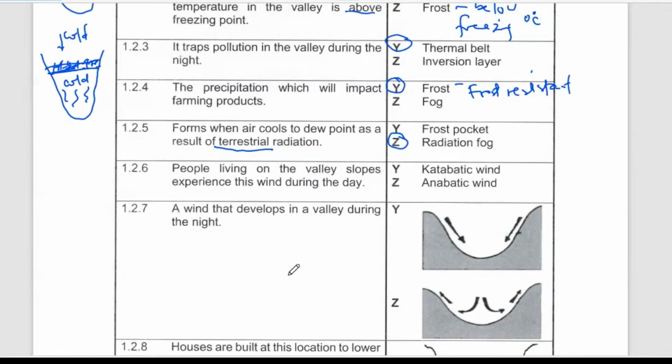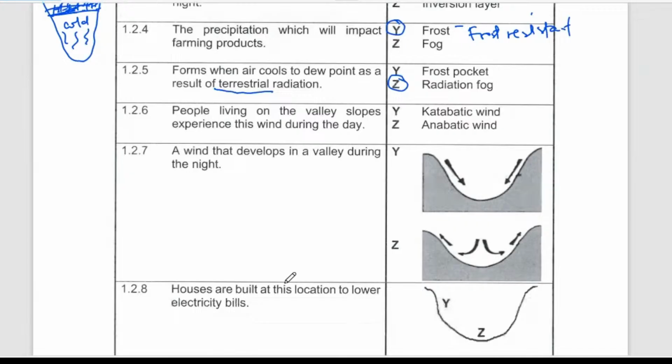Moving on, number 126, people living on the valley slopes experience this wind during the day. Right, we want to look at a situation of the valley climates. During the day, we have upslope winds, and those upslope winds in a valley, we call them the anabatic wind.